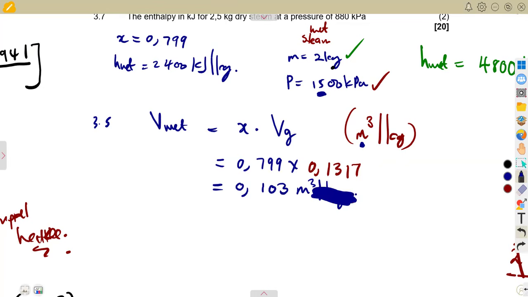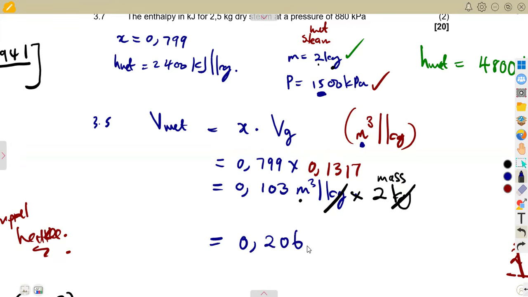We have to remove per kilogram. So how do we do that? We are going to multiply by the mass. We are given the mass, which is 2 kilograms. The moment we multiply by the mass, the kilogram and per kilogram cancel. You are left with exactly the volume of wet steam, which is going to be 0.206 cubic meters. So that is V wet, the volume of the wet steam. That's it. The exact volume, not per kilogram.